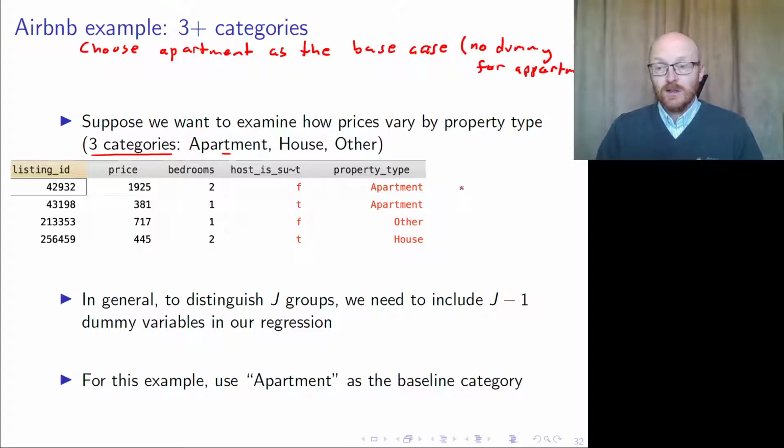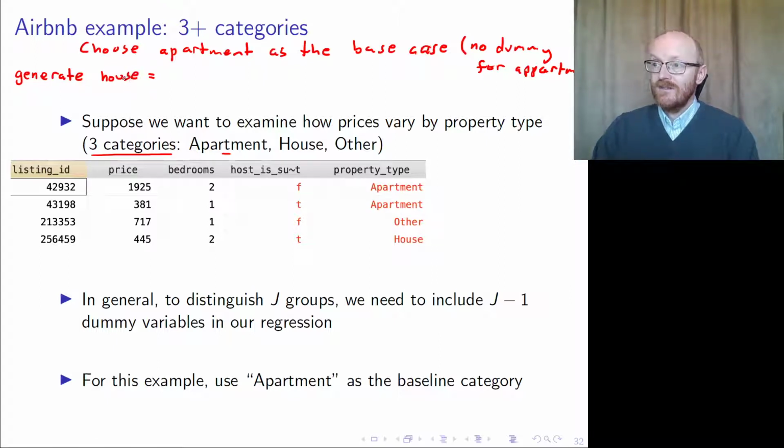Since we choose apartment as the base case, we have to generate a dummy variable for the two other categories, which means that we have to write generate and the name, for example, house.